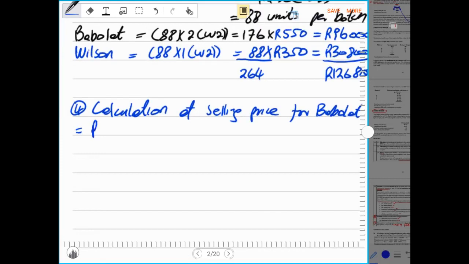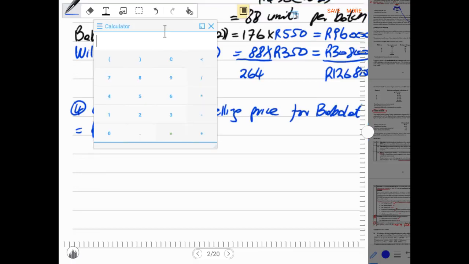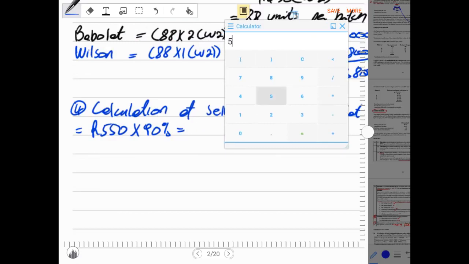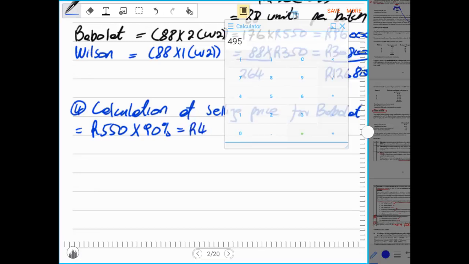The selling price will be 550 times 90%, because a discount of 10% means the product will be sold at 90%. It will be 550 times 90%, which is 0.9. So the selling price will be 495 after they discontinue.